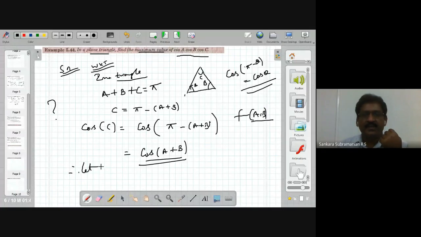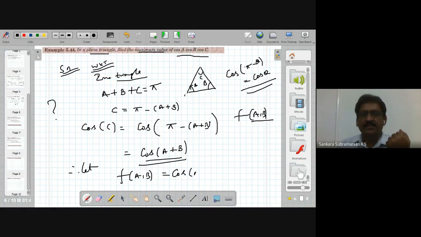Let the function be in terms of A and B, the measures of the angles. These are going to be the parameters. X and y are the parameters for the usual functions, but here A and B are the parameters. So we name this as f of A comma B.